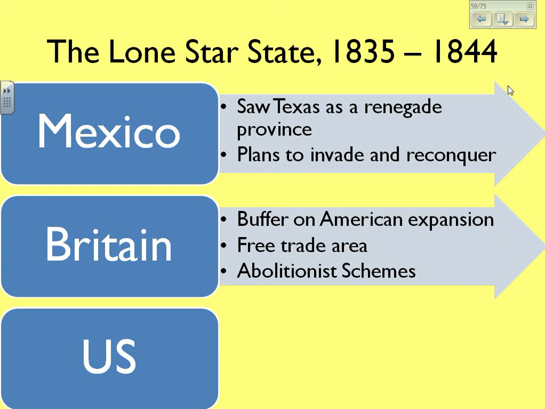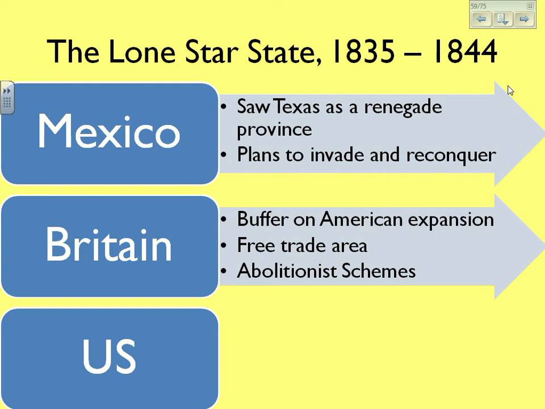Abolitionism is very popular in Britain, especially amongst the middle class. And the British are also kind of eyeing it as a free trade area, a place where they could avoid tariffs that are placed on their goods when they come into the United States.